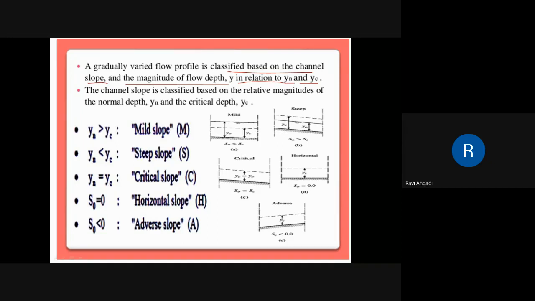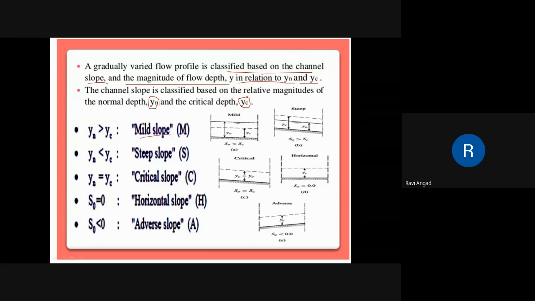So you have to check the normal depth first, and calculate the critical depth using the Froude number or whatever equations you have. With respect to the critical depth, you calculate the other depths, then compare the two values of the depth of flow and decide what kind of slope it is, whether it is a mild slope, steep slope, critical slope, horizontal slope, or adverse slope.